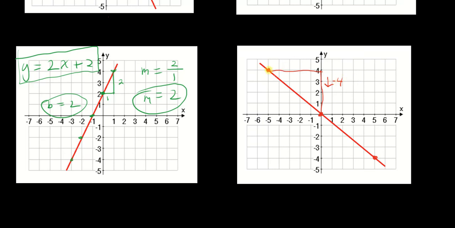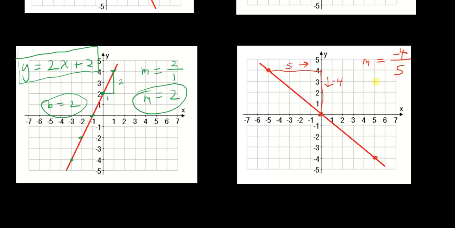But going from -5 to 0 of x, we gained 5. So that was 5 positive. So m is going to be, remember, always put the x on the bottom. So for a positive gain in x, y dropped 4 to get to the next corner point.